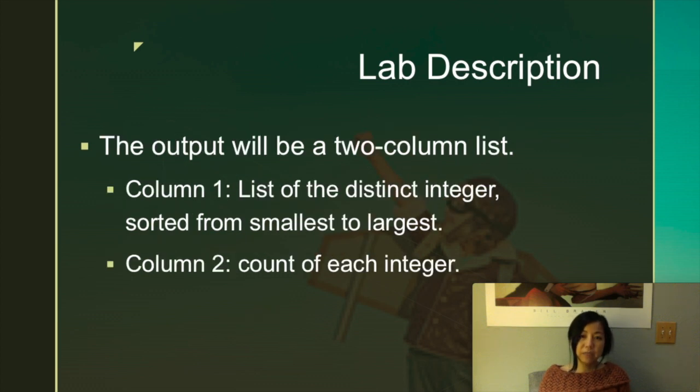So the output, I expected it to be a 2-column list. The left column is the distinct integers sorted from smallest to largest. The right-hand side is the count of each integer. You can see the example output in your assignment.